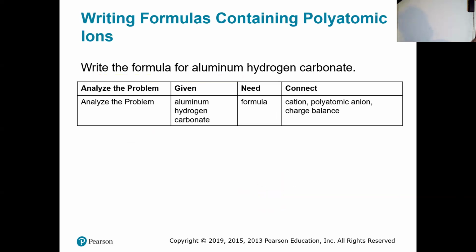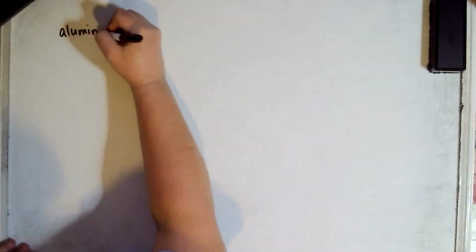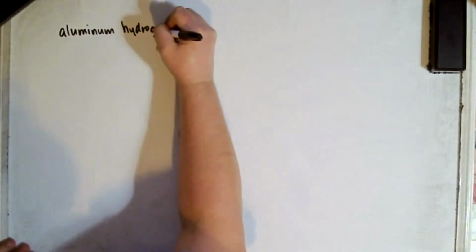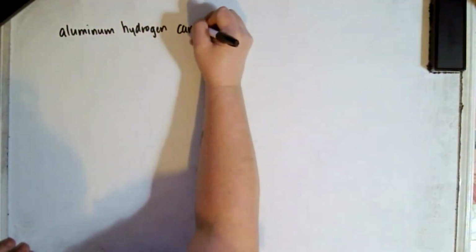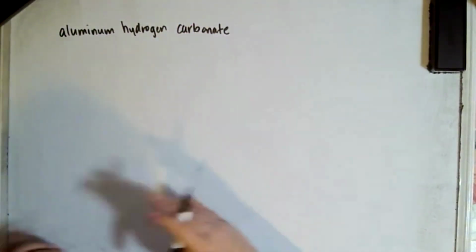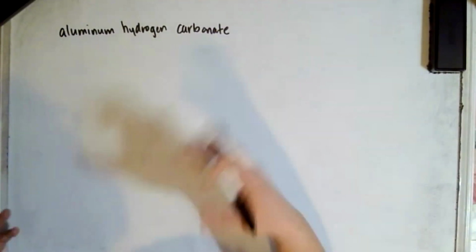The first example is to find the formula for aluminum hydrogen carbonate. You start your process the same way as we did for the other compounds.